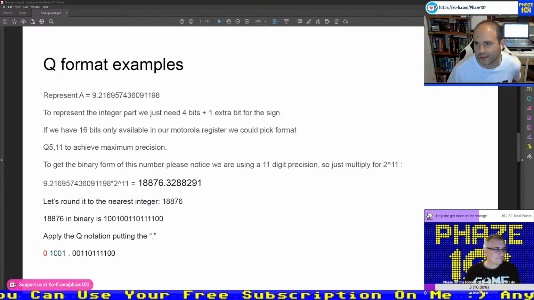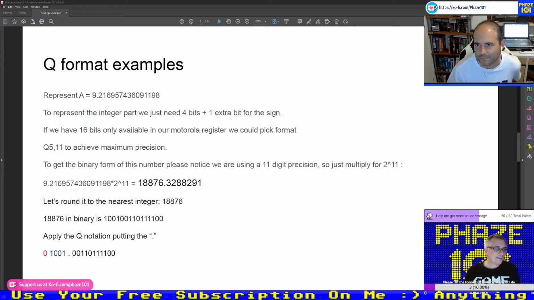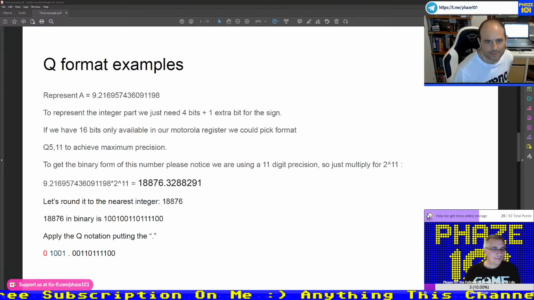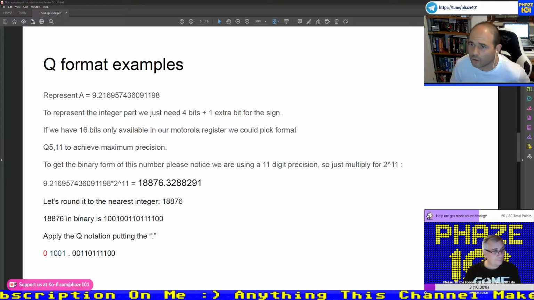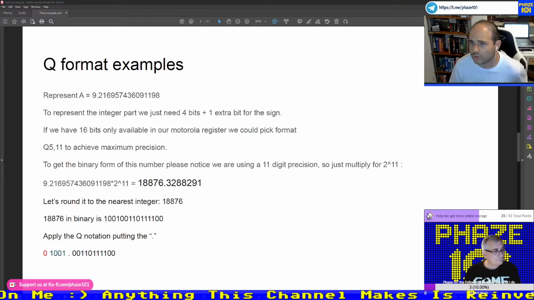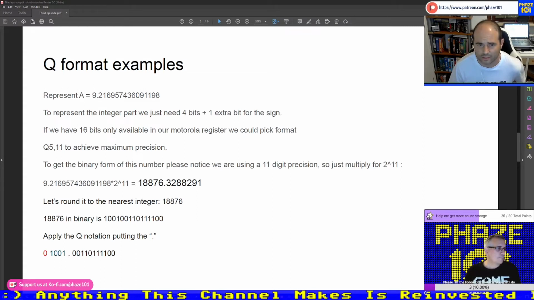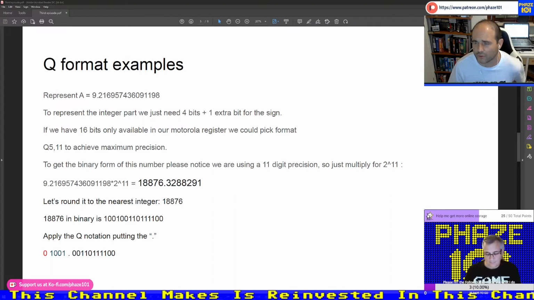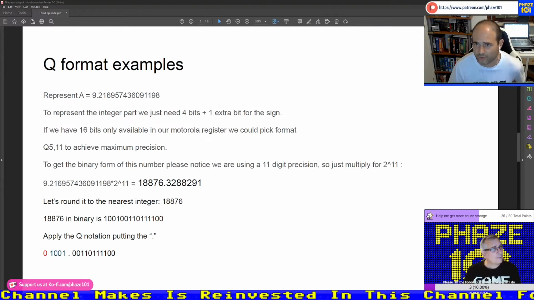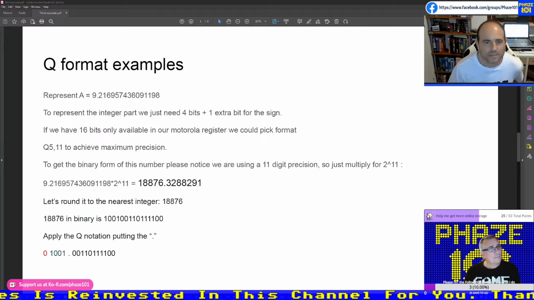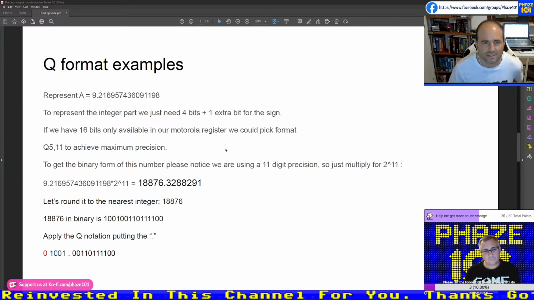Of course, I don't do this by hand. I just use a calculator. But this is important to know because what I'm going to explain in the code will use this stuff, and it's important that you understand this before jumping into the code. Please proceed with the next slide.